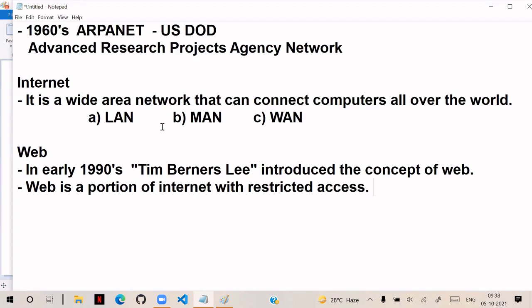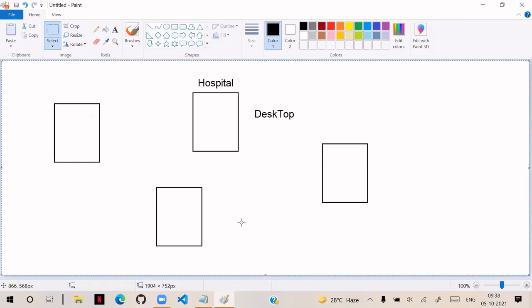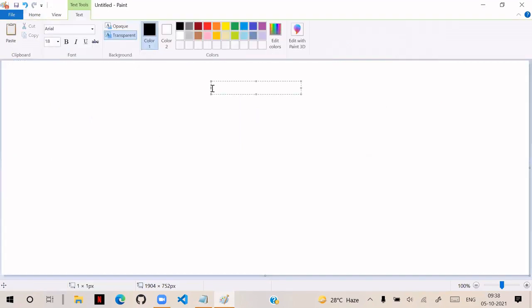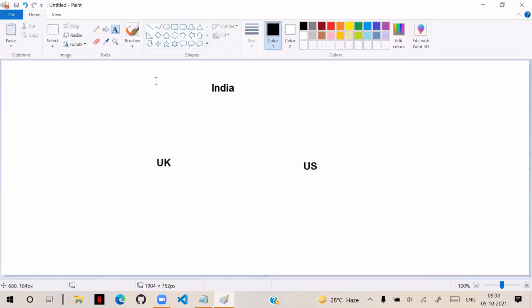For example, suppose we have India, and we have the US, and some UK, like this. Now all these countries are connected with each other.